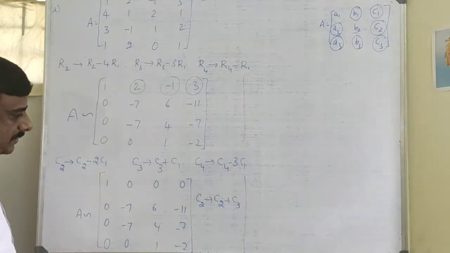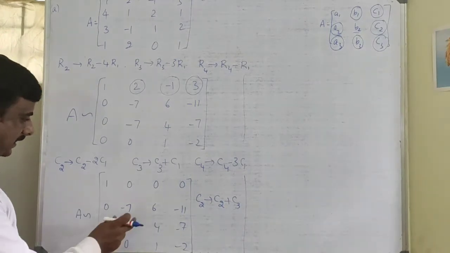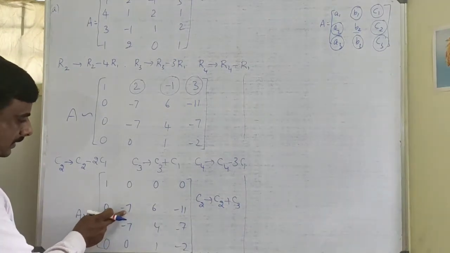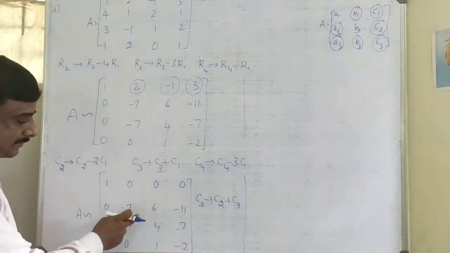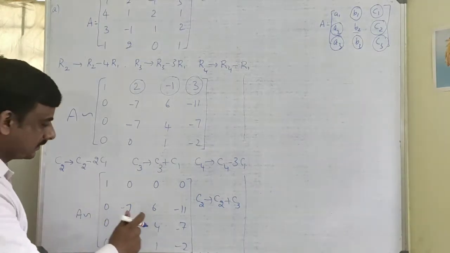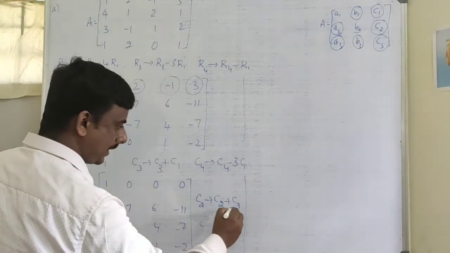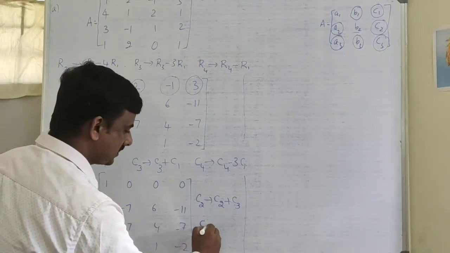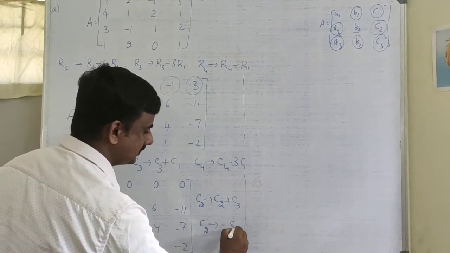If I change C2 to C2 plus C3, this row will be minus 7 plus 6. We get minus 1 here. Then after applying this operation, change C2 to minus C2.